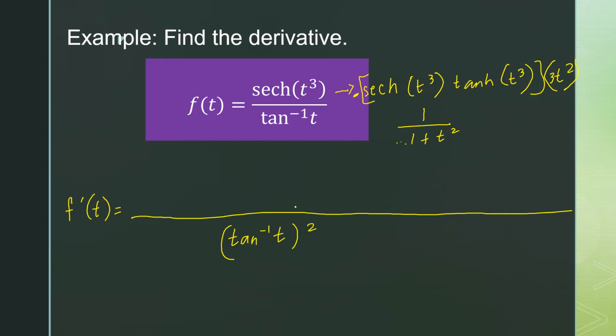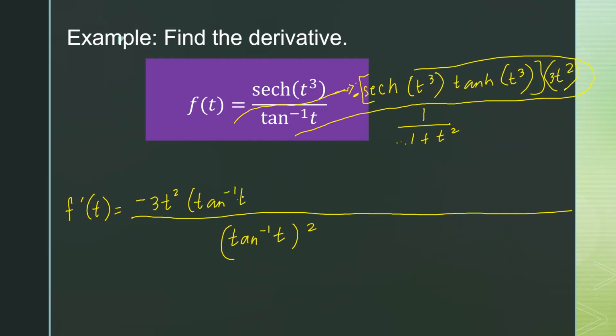Yun yung low squared. So, reciting our formula in our mind, low d high will be this product, no? So, ayusin lang natin, negative 3t squared times arctan of t. Yan. And then, we have the sech t cube. And then, tanh t cube.